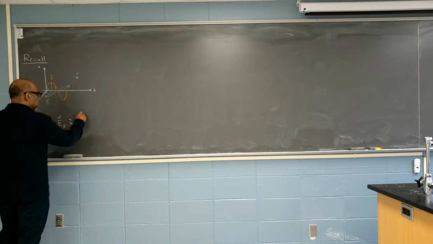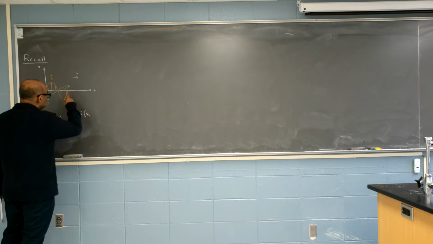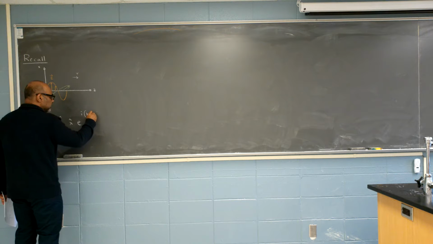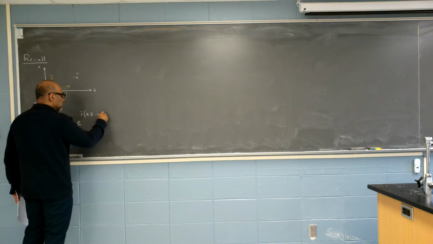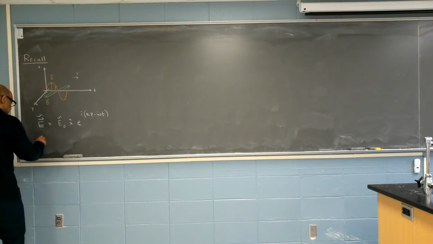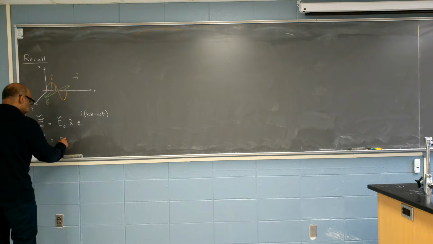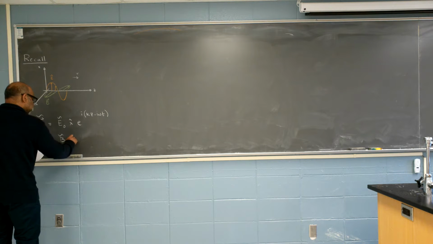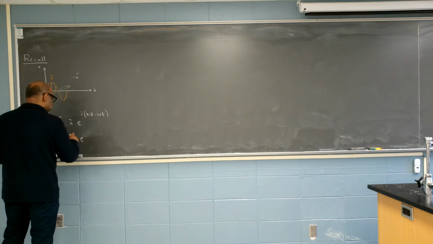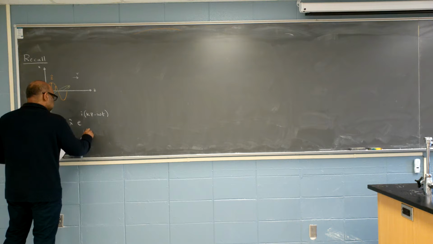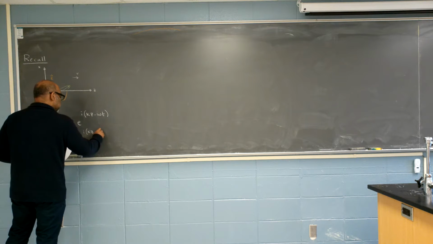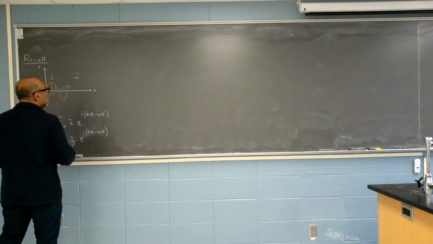And e to the i, it's moving in the z direction, so kz minus omega t. And B is equal to, same thing, B0, but we had an expression for B0. We'll get to that as well. i kz minus omega t.